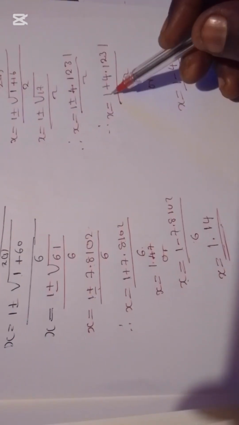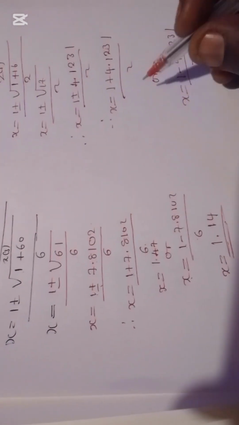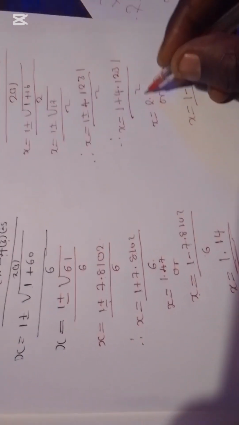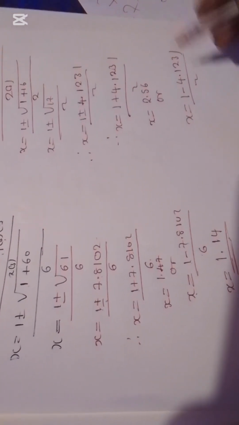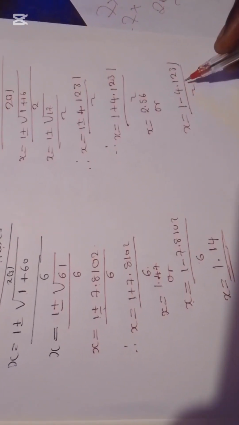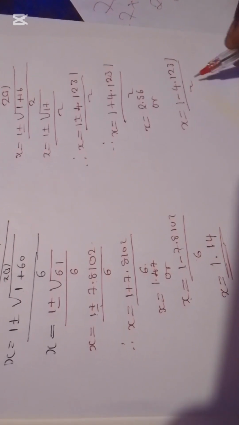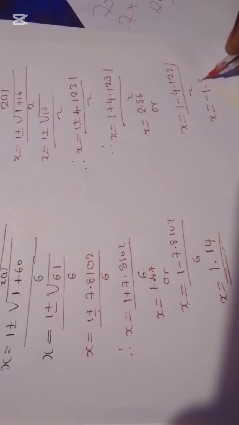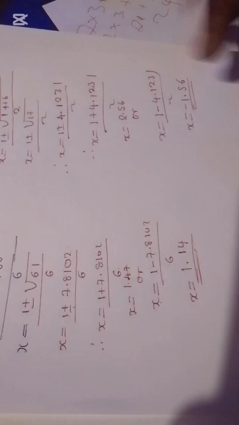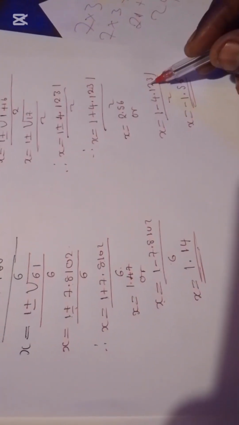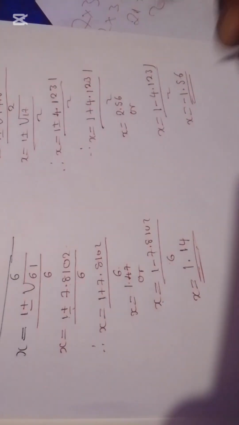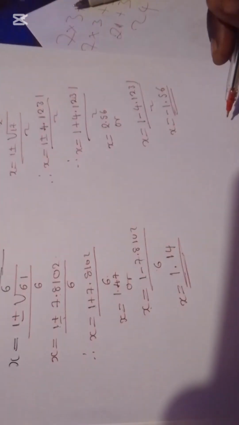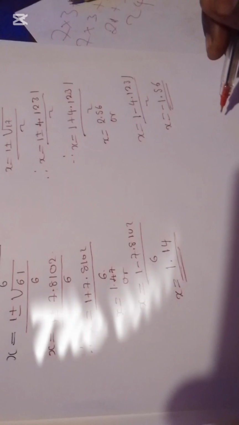First you add, then divide by 2, so x will be equal to 2.56. Secondly, 1 minus 4.123 divided by 2 gives x equals negative 1.56. Remember, I told you that first you add or subtract, then after you punch equals, that's when you divide. That's how you get yourself 5 marks based on quadratic equations.